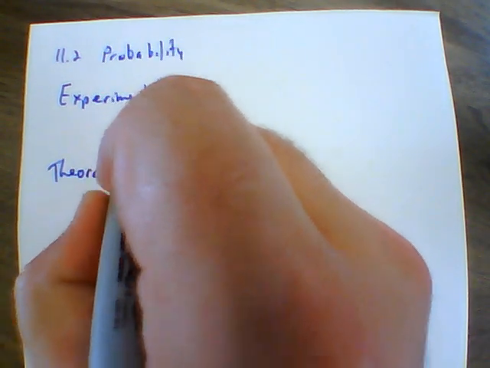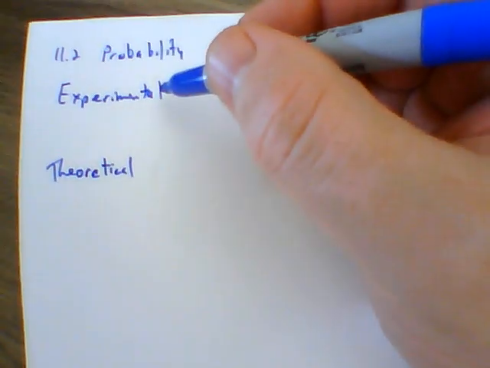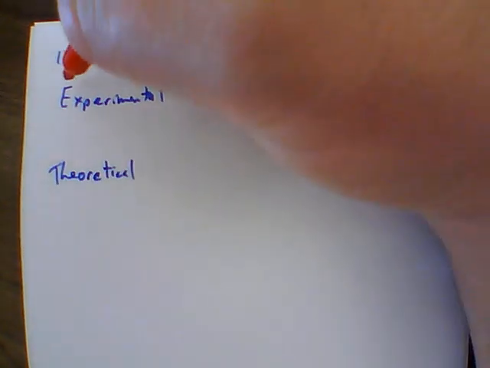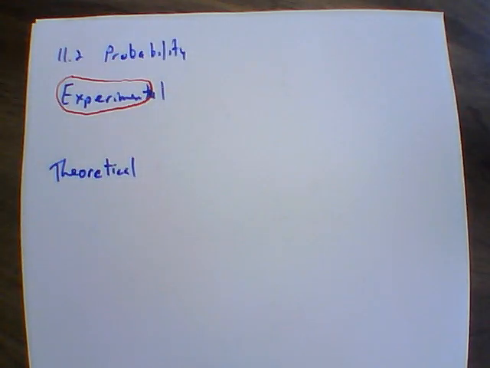Theoretical. Okay, now when we talk about experimental probability, the number one keyword right here is, let me circle it in red, experiment. Okay? We have to have some sort of experiment going on.